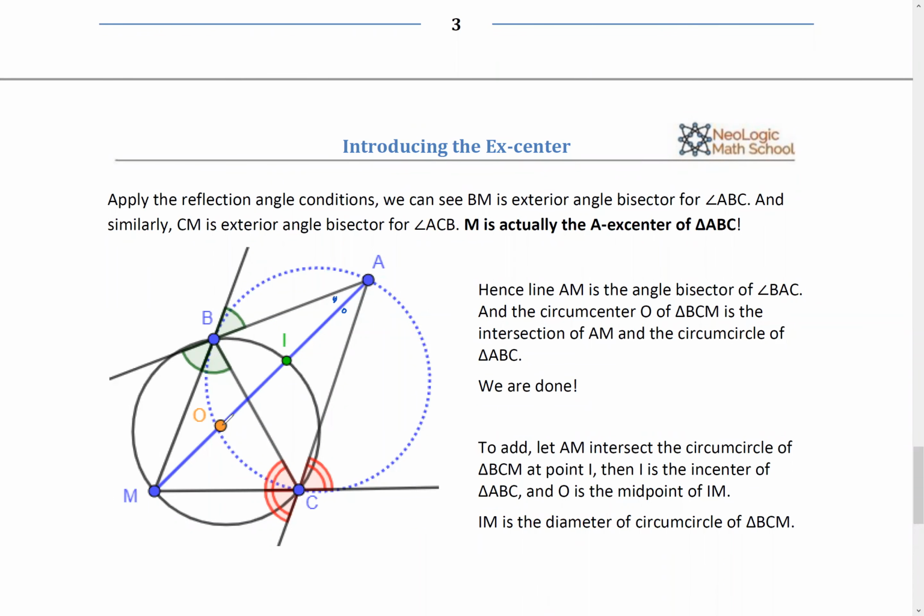In the meantime, O is the intersection of AI with the circumcircle of triangle ABC, the blue circle. O is right here. It's on AM because M is the excenter. You remember the theorem? IM, this line, is the diameter for the circle of BCM. O is the midpoint, and also O lies on the circle of ABC.